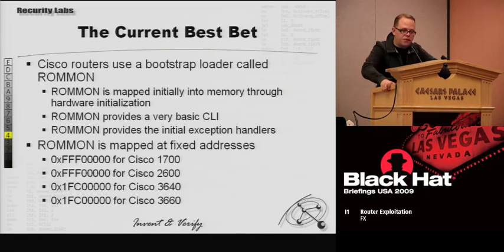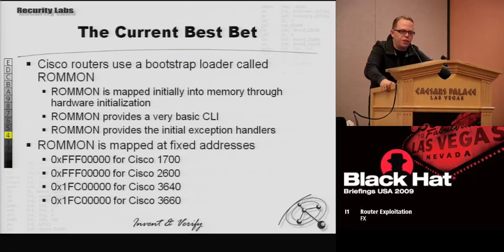The current best bet is something called ROMMON. ROMMON is the bootloader of Cisco iOS. It's essentially their boot up BIOS. It's mapped initially into memory. It's used to boot the machine. It provides some basic functionality, and it's mapped at fixed addresses, and it's that code. When iOS runs, ROMMON is no longer used.